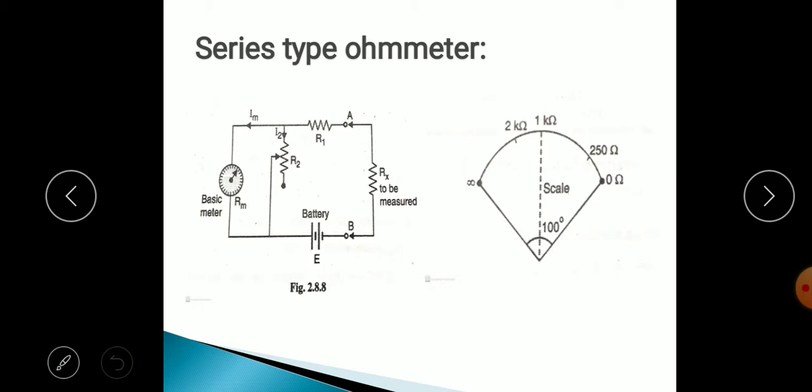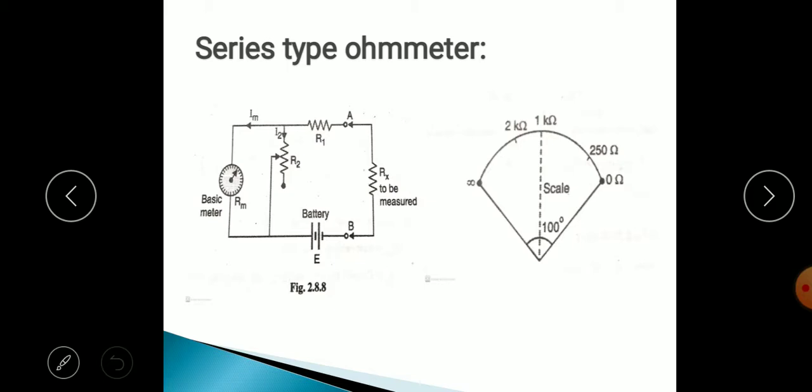Series type ohm meter. For measuring the resistance, the unknown resistance is connected across terminals A and B of the circuit. The circuit consists of a battery, basic meter, R2 shunting resistance, and R1 series resistance. The assembly of such items is shown in the figure.